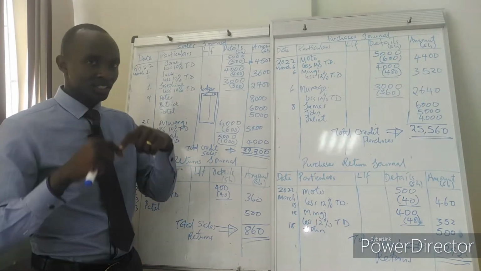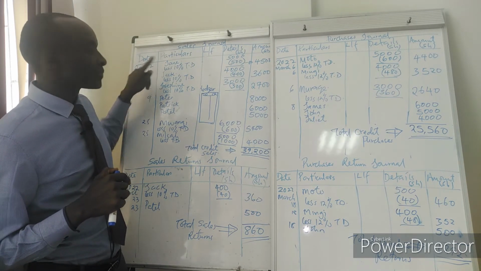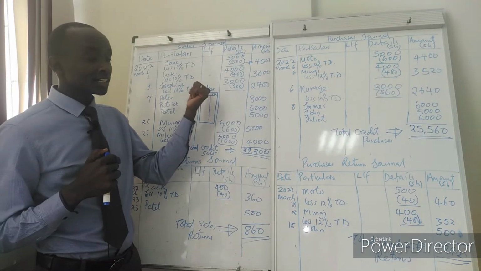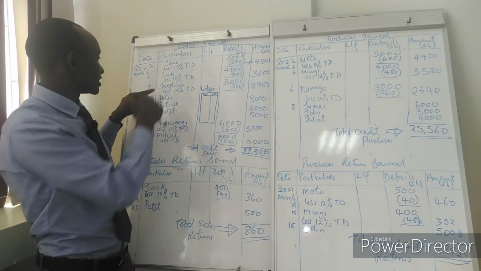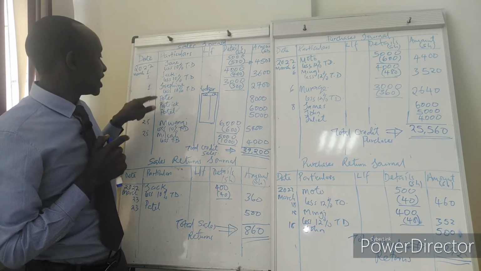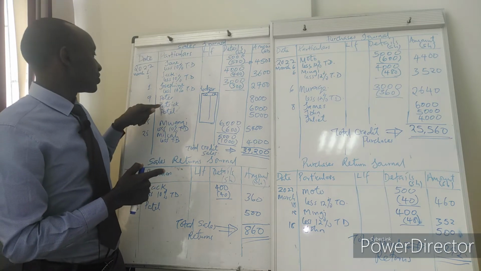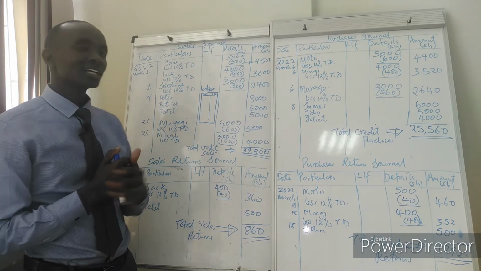So this is what is known as an account. In one page of a ledger we have an account of Jane. Another page, we have an account of Jack in that sales ledger. In another page, we have Josephine's account, and then Peter, as we go through up to Milka.